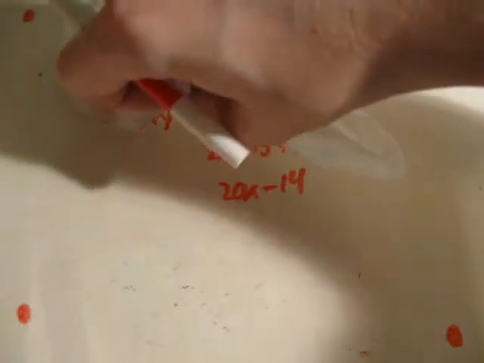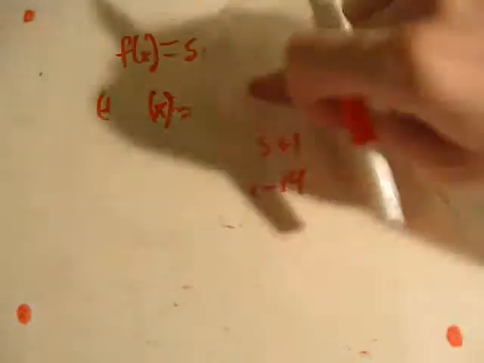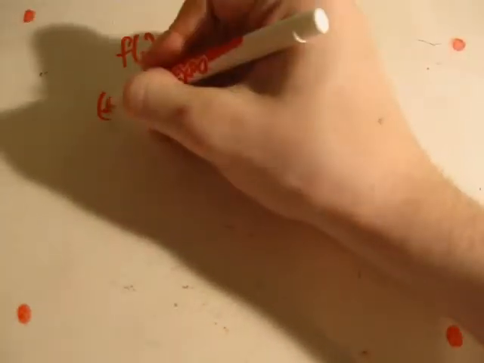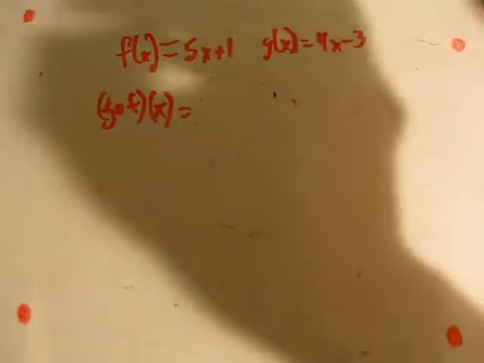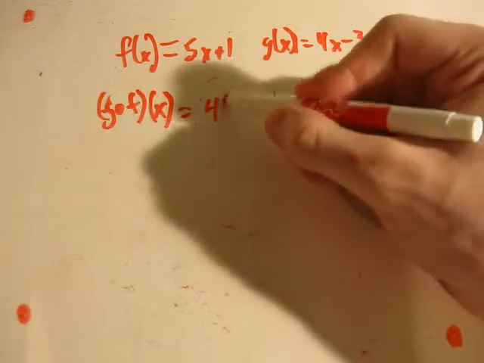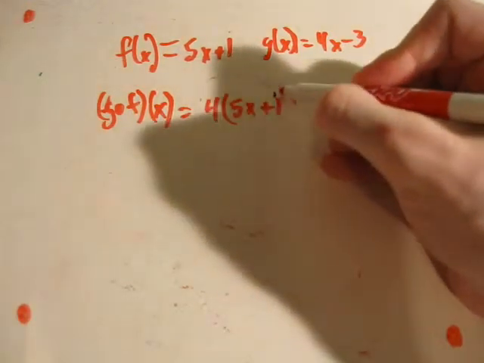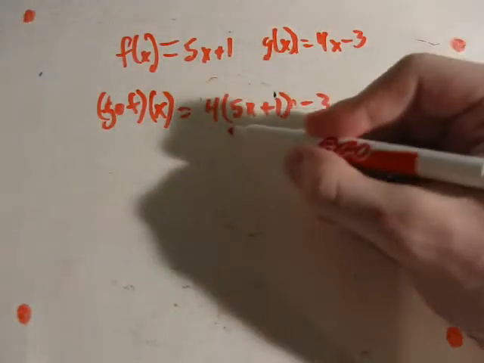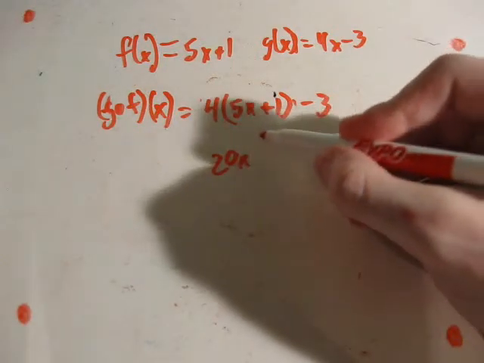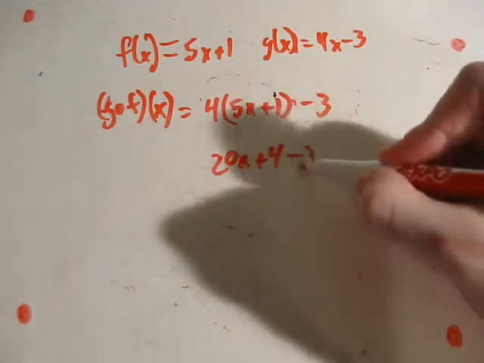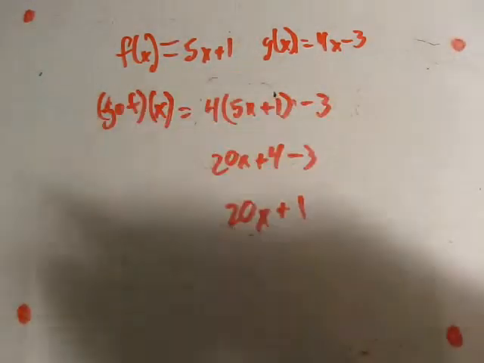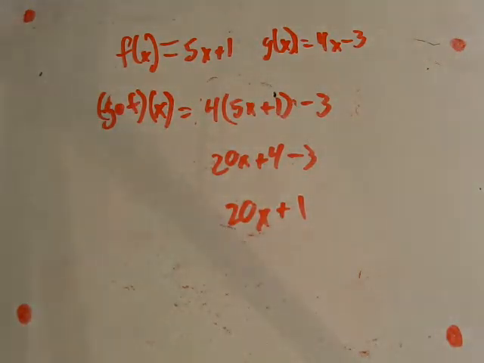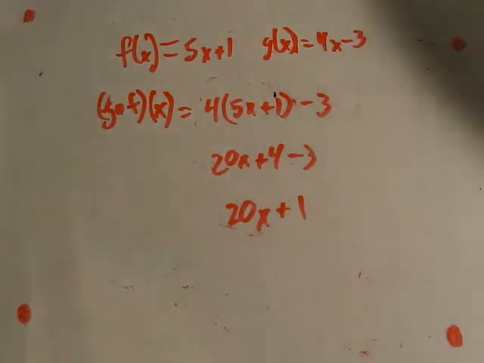Let's say we switch it around and it becomes g composition of f. Then you've got 4 times 5x plus 1 minus 3. That's 20x plus 4 minus 3. 20x plus 1. And that is how you do compositions of functions.